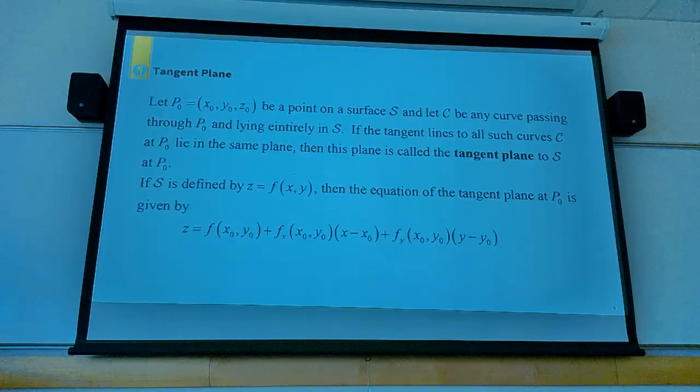Just like single variable functions y equals f of x, you have a differential for y, you also have a differential for a multivariable function. Say z equals f of x, y, or f of x1, x2, x3, or any number of variables.